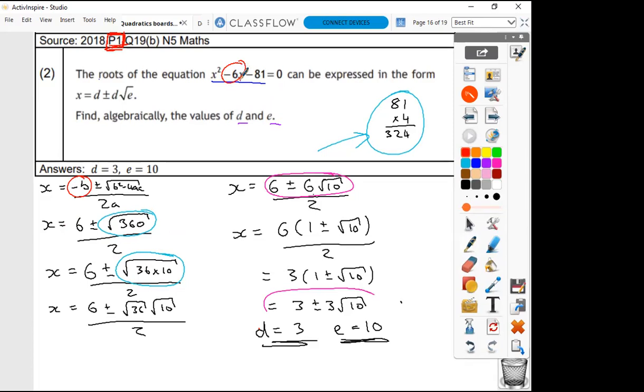This number in front of the x is a negative. So if I'm taking that negative and making it a negative again, essentially the negatives rule each other out and it becomes a positive. If I'm getting a negative in that b term, it becomes a positive when it gets put into the formula.